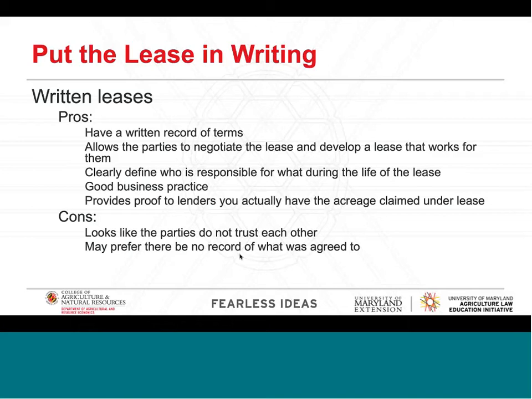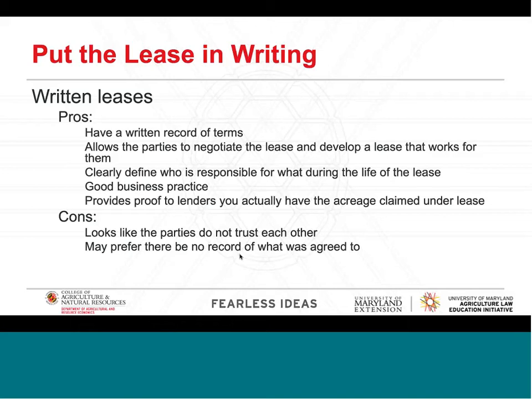The cons, if we go back to the pros with written leases or oral leases, are that it may not show that same level of trust that we want in other parties. And there may be cases where you don't want a written record to exist. You may want it to be shown that you're not leasing the farmland, but someone else is actually doing it.